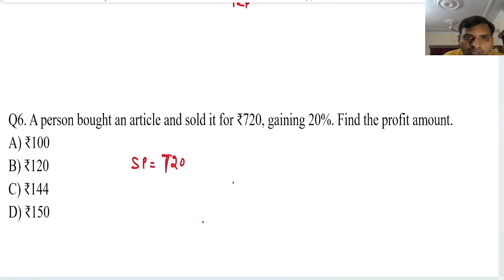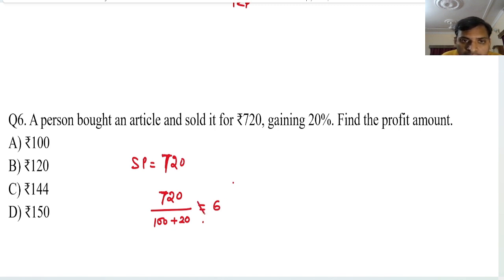So we can first find the cost price by dividing this total 720 by 100% cost price plus 20% profit. So the total value is 120%. This 720 is considered as 120%. On dividing, this equals 6. So this is 1%. 1% equals 6.